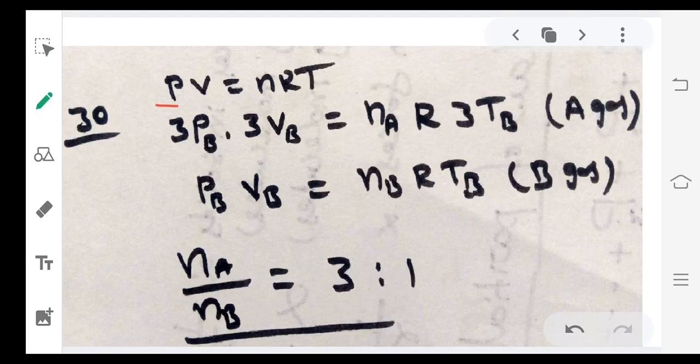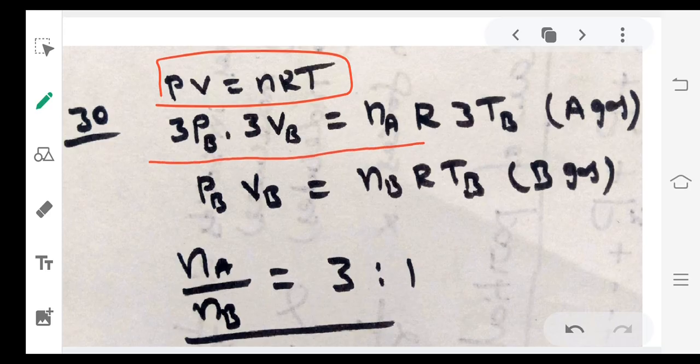So you know PV equals nRT, and mole ratio is nothing but molecules ratio. So if you calculate the mole ratio, that is equal to the molecules ratio. According to the given information, for gas A you can write 3PB times 3VB equals Na moles of gas A into R into 3TB, because pressure of gas A is 3 times that of gas B, volume also 3 times, and temperature also 3 times that of gas B, that's why I have taken 3TB.